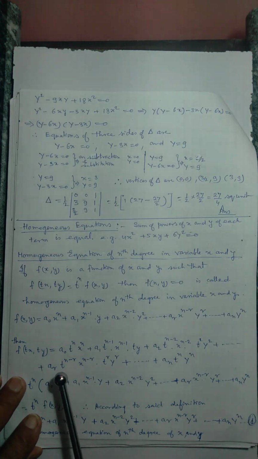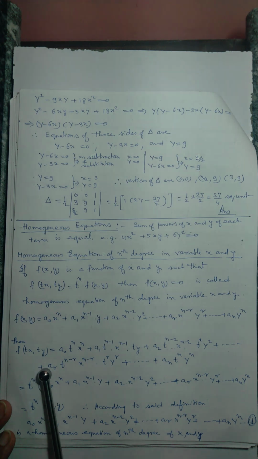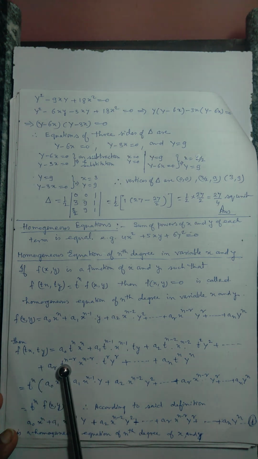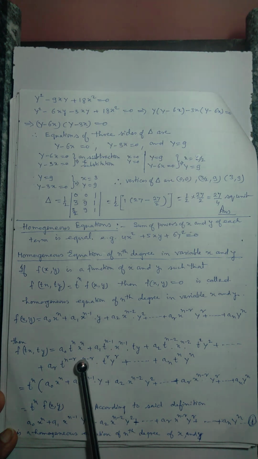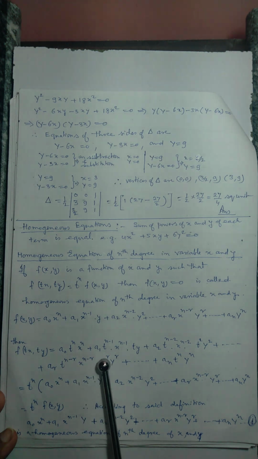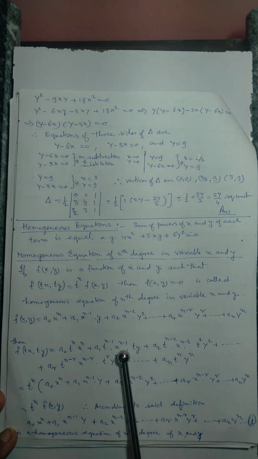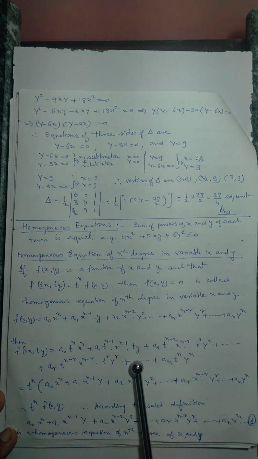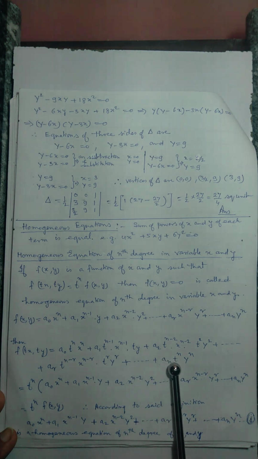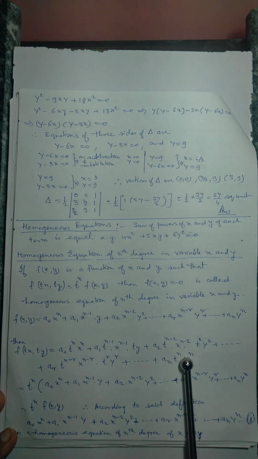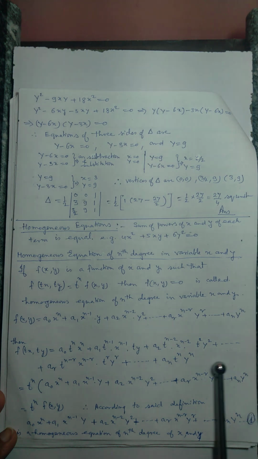Then if you just substitute tx and ty in the function, you see a0 t raised to power n x raised to power n plus a1 t raised to power n minus 1 x raised to power n minus 1 ty plus a2 t raised to power n minus 2 x raised to power n minus 2 t squared y squared plus and so on.